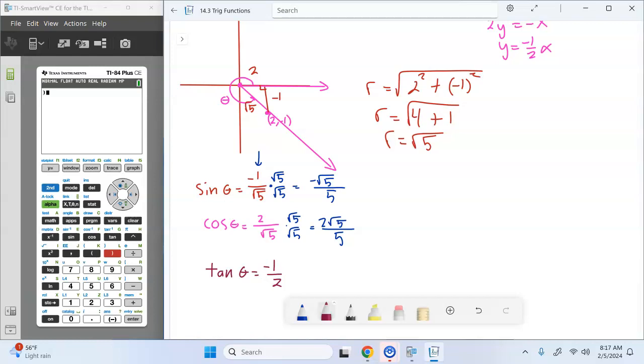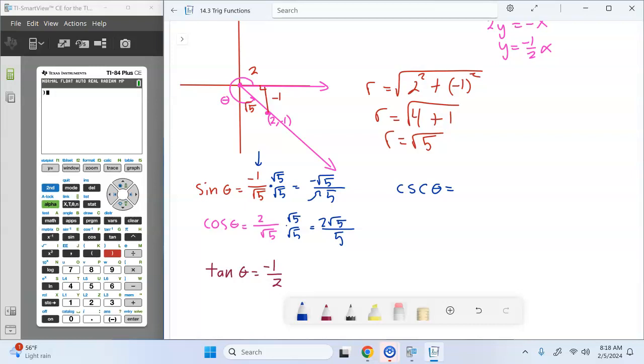All right, what's our reciprocal for sine? So we have cosecant of theta. We can write the reciprocal. We could either look at this, negative root 5 over 5, write the reciprocal and then rationalize it again.